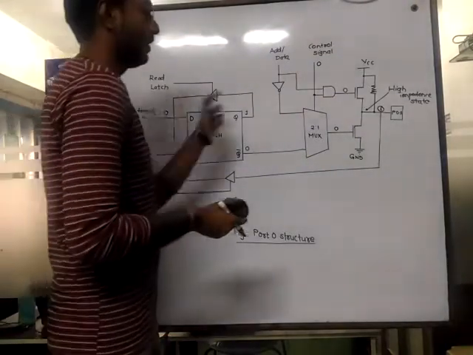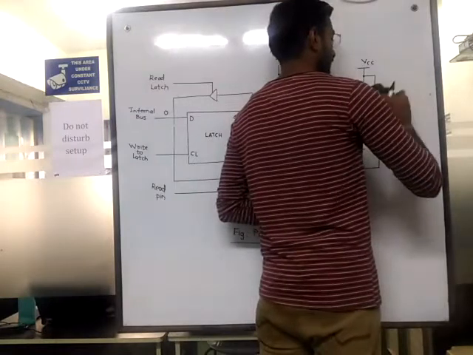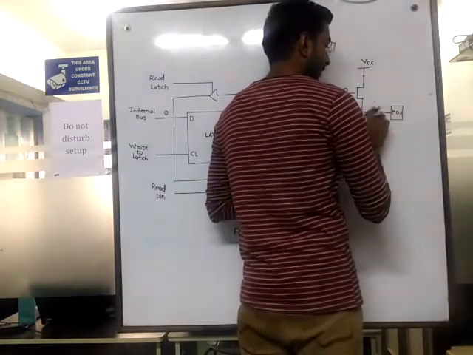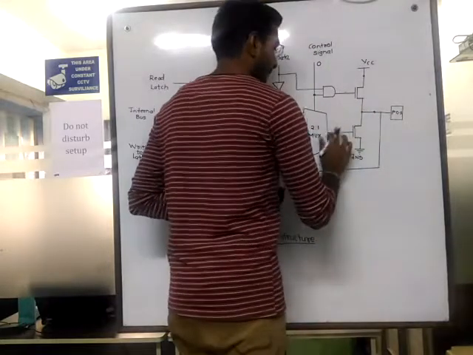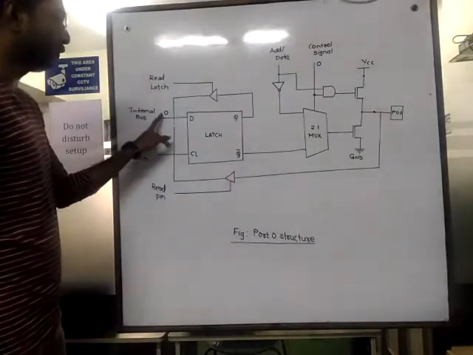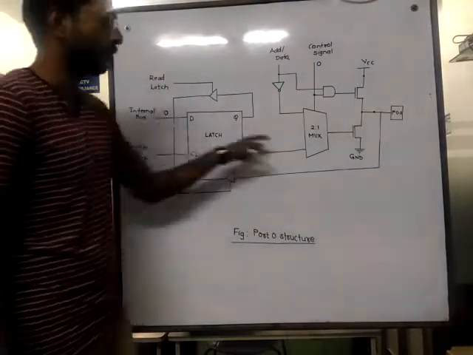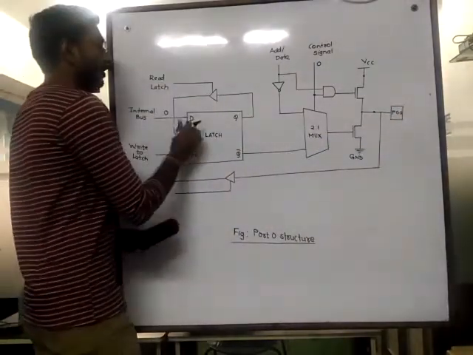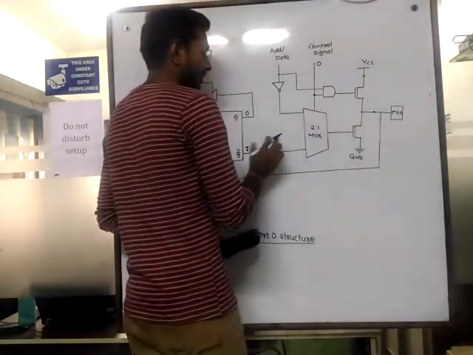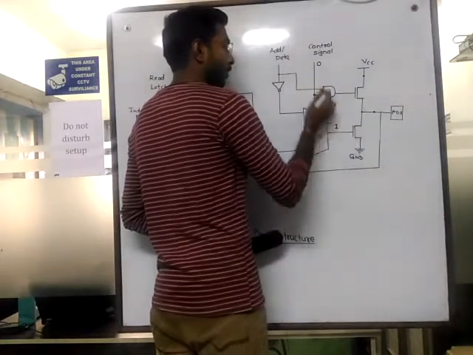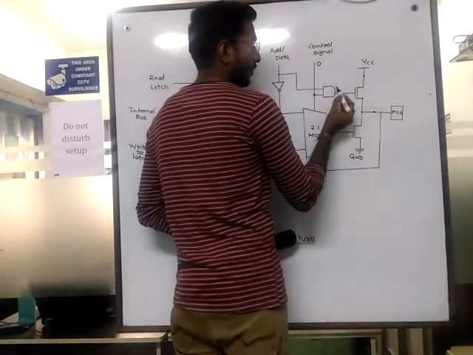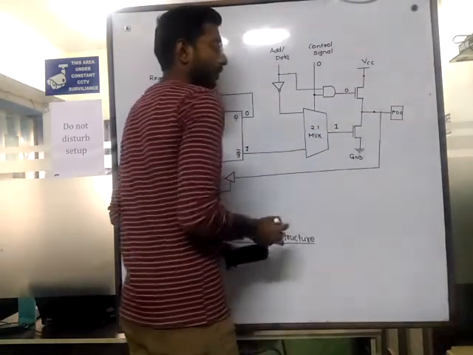So let's take, whenever we want to send the bit 0 to the output, what happens? Let me just erase this one. Okay, we want to pass this 0 to the outside. So D will pass this 0 here, and the complement will get 1 here. The multiplexer will pass this 1 to this side, because 0 is coming here, 1 is coming here. Because of this ANDing of 0, this will be 0 always.